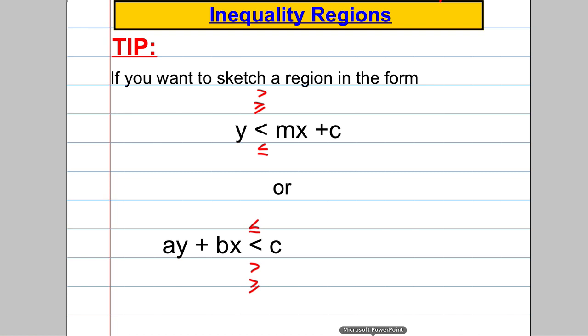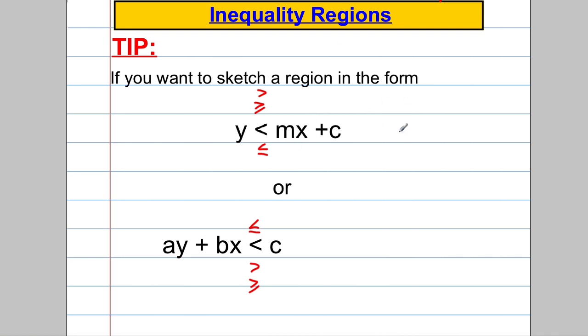So make your inequalities be in that form, and then if it's less than, it's below the line. If it's more than, it's above the line. Here, similarly, if you've got it in this form, if you have a less than inequality, you're looking below the line, and if you have a more than inequality, you're looking above the line, if they're in one of these two forms. So if they're not, it would be a good idea to make them in those forms.